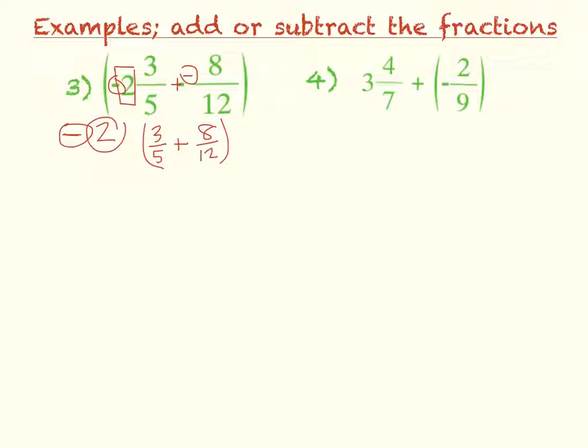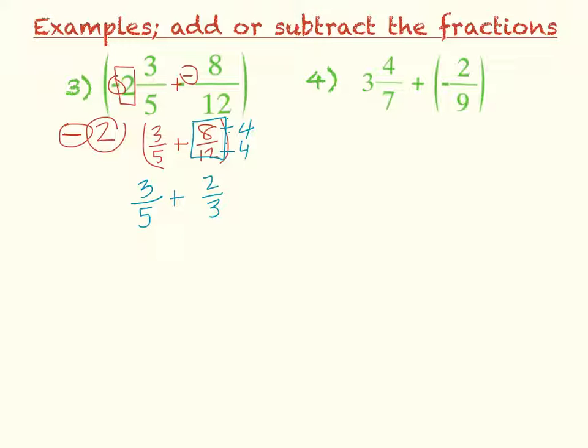Okay, so when I'm adding those together, the first thing I want to do with that is simplify this. It'll make the numbers easier to work with. So I'm going to leave the 3/5 the same, but I'm going to change the 8/12. I'm going to divide by 4 and divide by 4, and I would get 2 over 3. That's just going to make the numbers smaller that I'm working with.